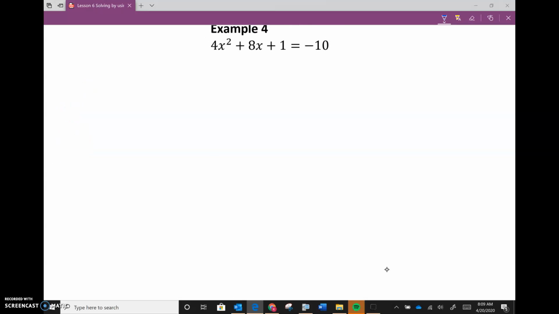So again, it's not equal to 0, so the first thing, add 10, add 10. So at this point, let's find our discriminant. So it's 8 squared minus 4 times 4 times 11.